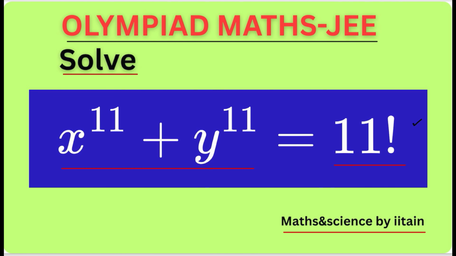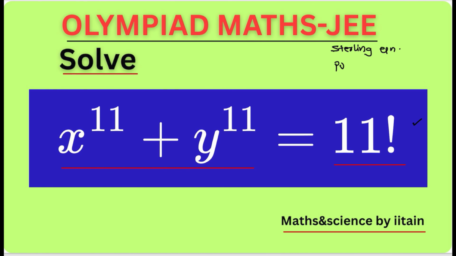One is the Stirling equation, and second is polar coordinates for solving this equation.